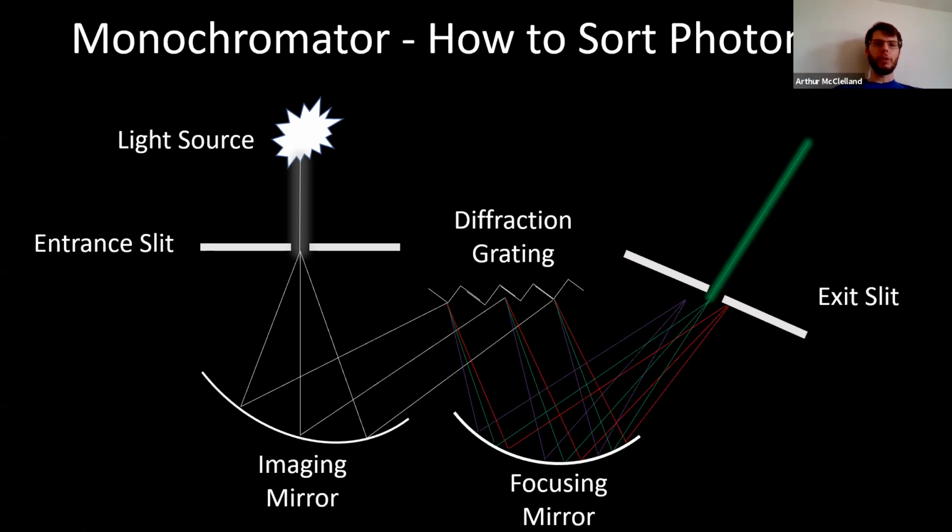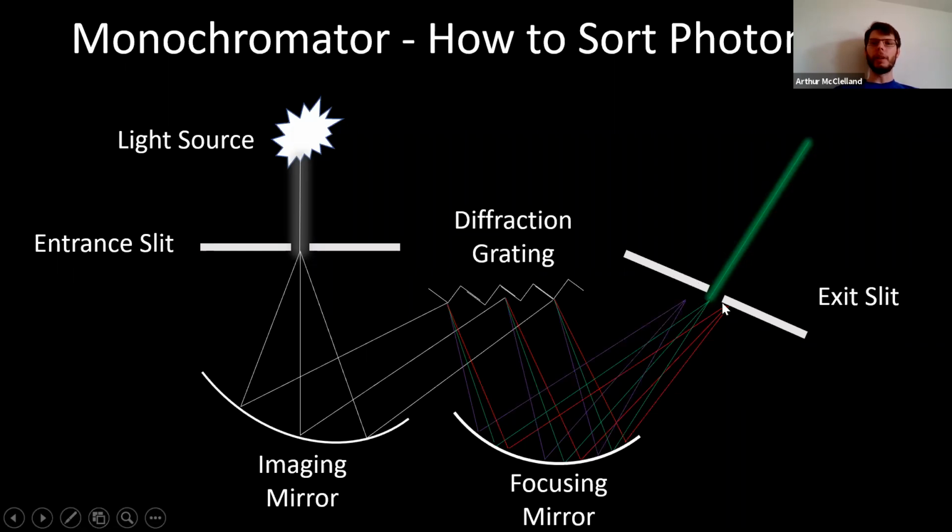And so going to all reflective optics gets us away from that particular issue. So we go off an imaging mirror, the mirror is curved, which then focuses the light back onto the diffraction grating. The diffraction grating spreads out the light like a rainbow at each of these points. And then the focusing mirror, again a curved parabolic mirror, focuses the light back down.